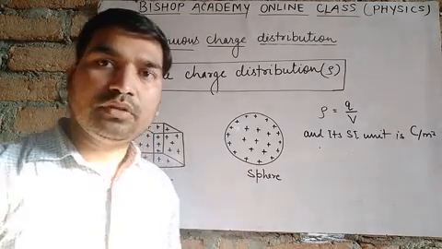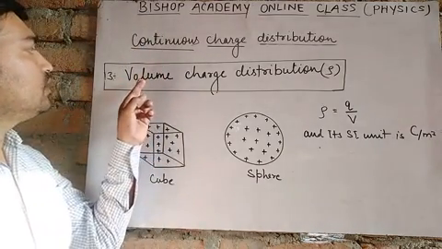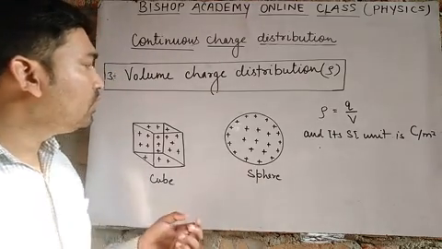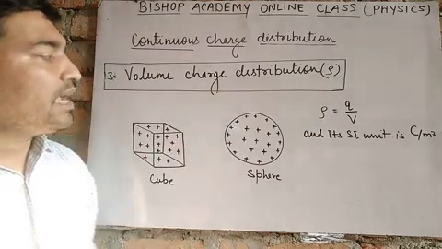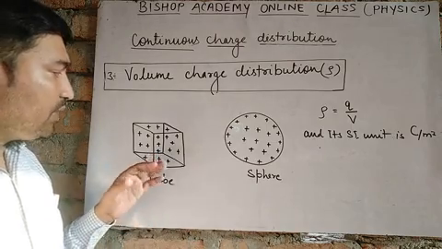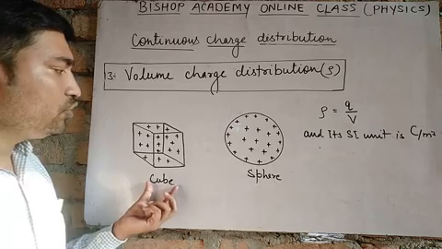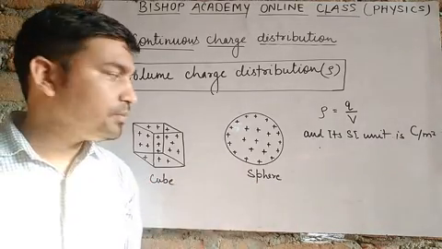The third is volume charge distribution, which is represented by rho, and this is applied when the charge is spread over the whole volume, either it is a cube, sphere or any shape.